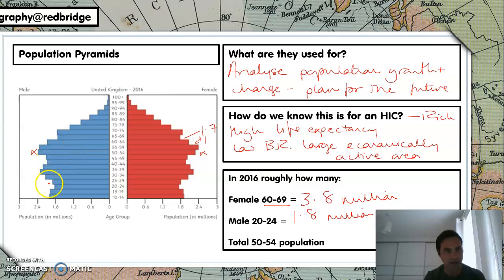And if we look at the men first of all, then we're really looking at around about 2.5 million, and we're going to add that to roughly 2.3 million. So obviously that works out as 4.8 million people.